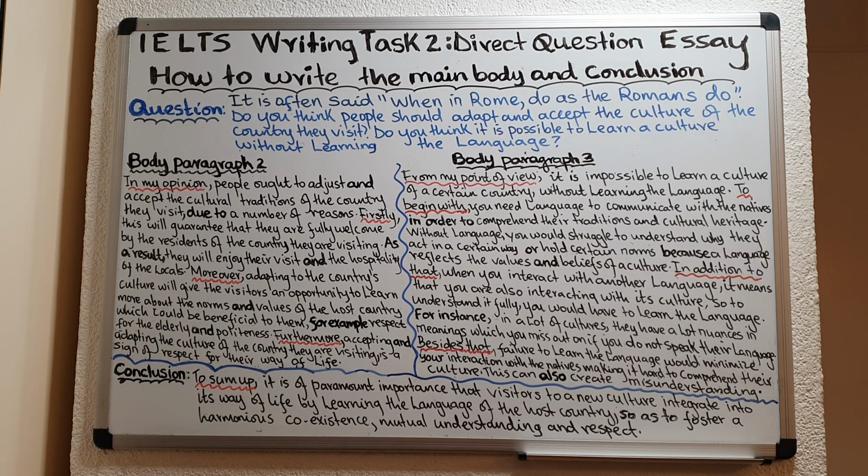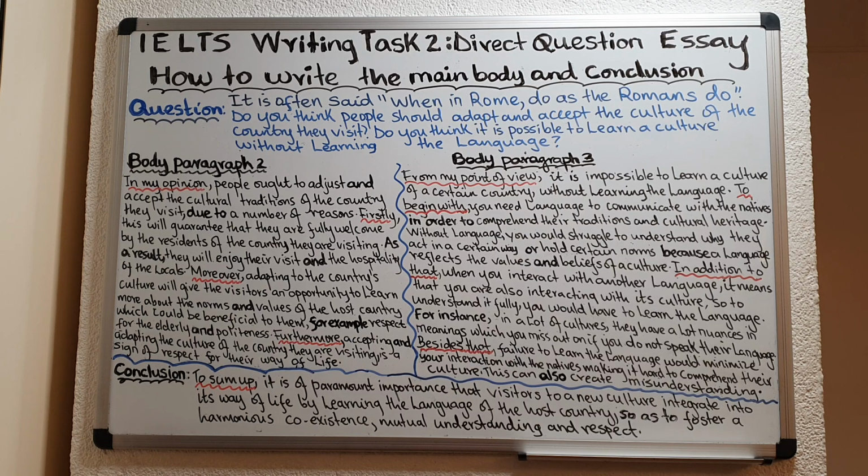As a result, comma, I'm using another linking word to elaborate my first point. As a result, comma, they will enjoy their visit and the hospitality of the locals. As a result, they will enjoy their visit and the hospitality of the locals.